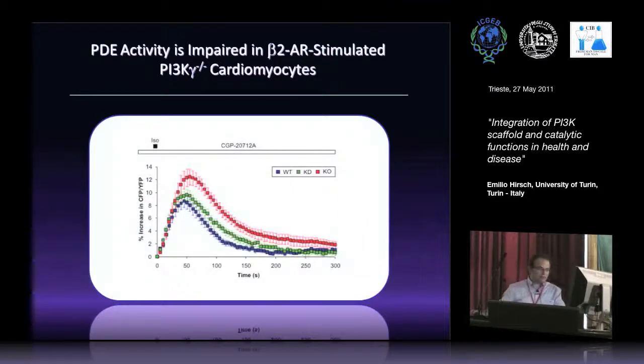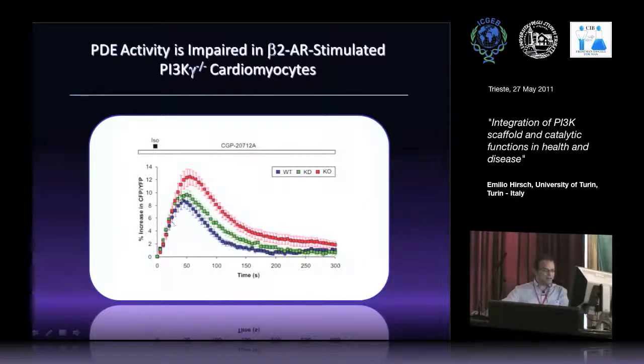And actually, when we measure the cyclic AMP contents in our cardiomyocytes with a FRET sensor, you see here that in the absence of PI3 kinase gamma, cyclic AMP gets significantly elevated, while the blue and the green lines, the blue is a wild-type control, the green one is cardiomyocyte expressing a catalytically inactive PI3 kinase gamma. There you see that cyclic AMP levels are staying pretty normal.